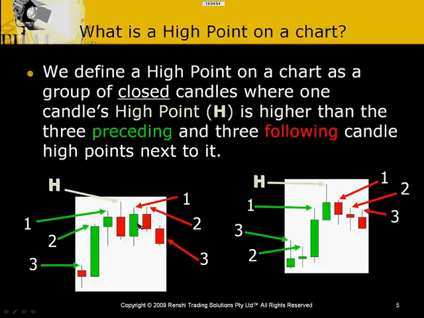So we've got a group of candles here, and what we do is we find the absolute highest part of the candle, which I've got here as the H. If we've got 2 candles lower to the left and 2 candles lower to the right, then we know that is a valid high. Exactly, and you can see here again, 2 lower candles to the right, 2 lower candles to the left.